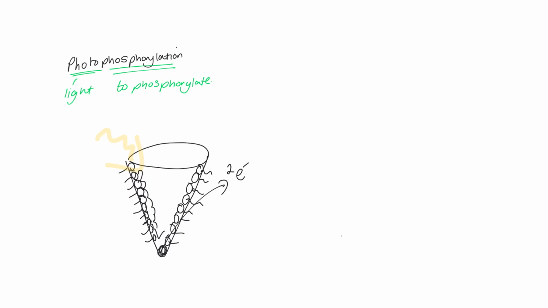This process of losing a pair of electrons from your chlorophyll and donating them to the first electron carrier is known as photoionization. So photoionization is that loss of a pair of electrons from your chlorophyll molecule.